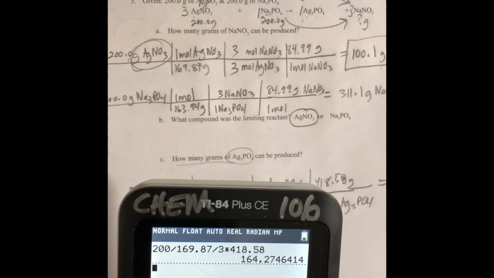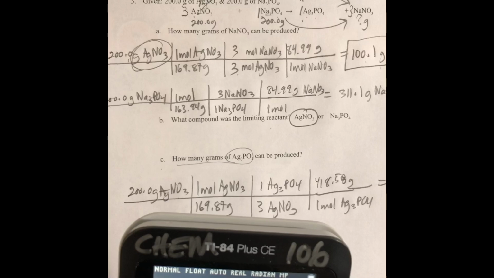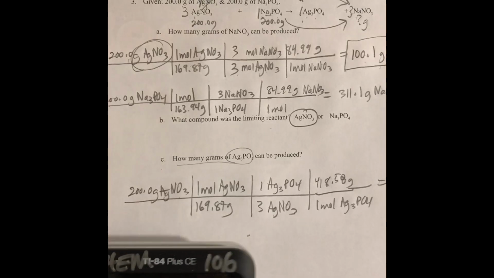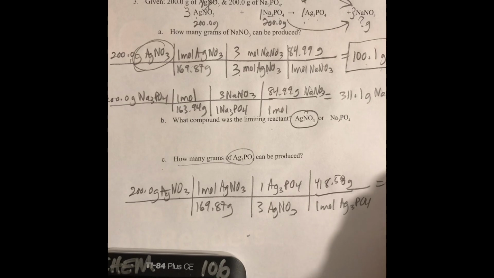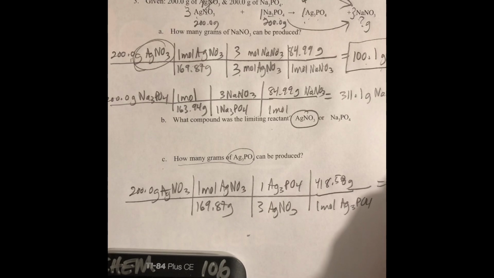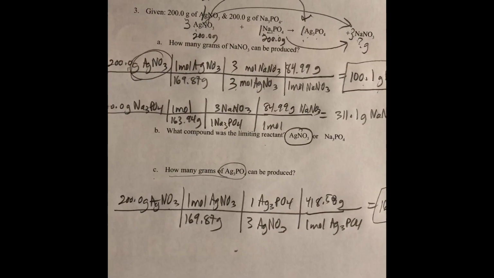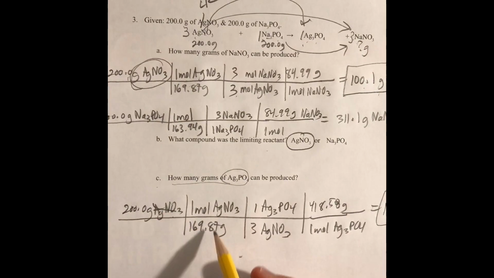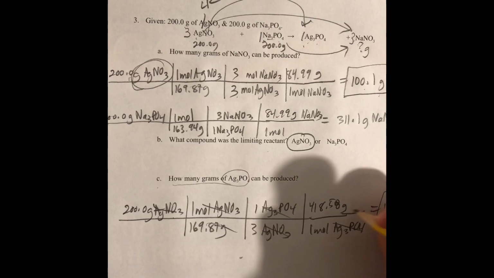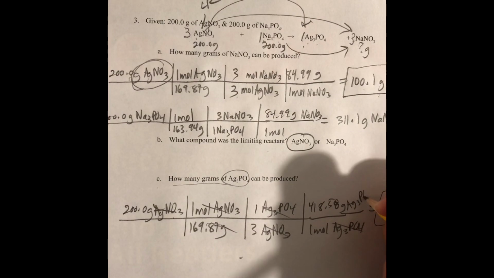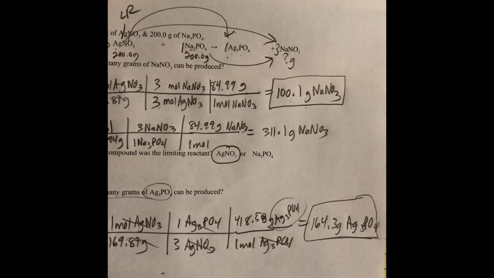That equals 144. Did I get that right? Oh, I can't read. 164.3. 164.3 grams of Ag3PO4. I would put a square around it. I might go back and cross out my units. It brings me joy. And that is the one I'm left with. I always like to check, and that's what I'm left with. So there's the answer.